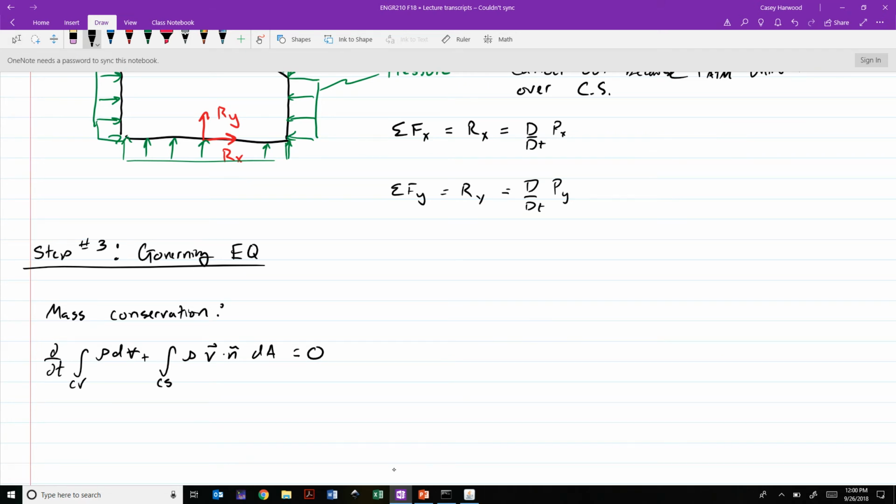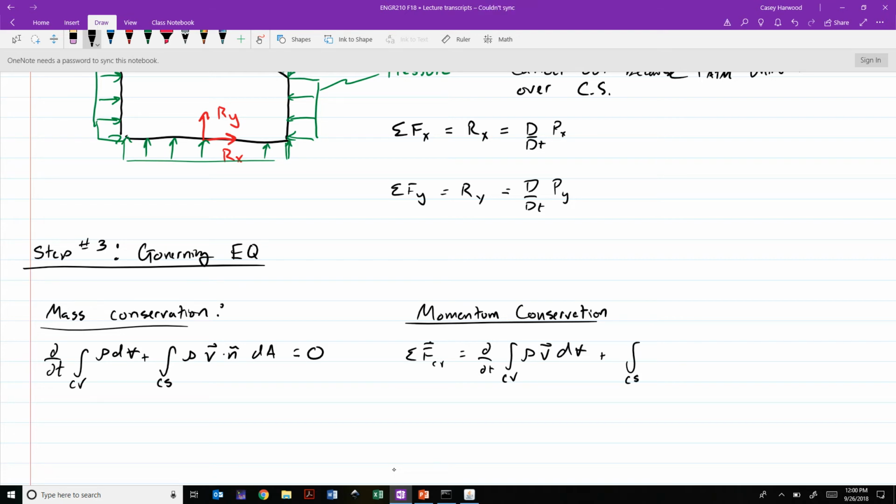And then we have momentum conservation, which is that the sum of the forces on the CV is equal to d/dt of the integral over the CV of rho V dV plus the integral over the control surface of rho V (V dot n) dA.